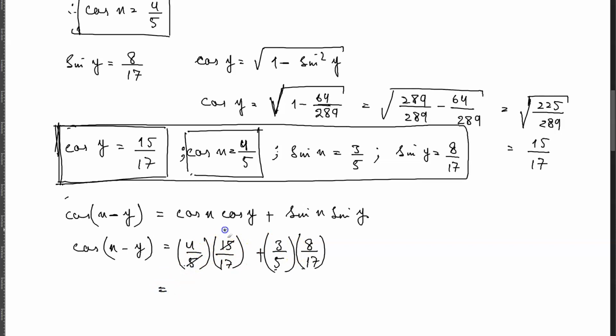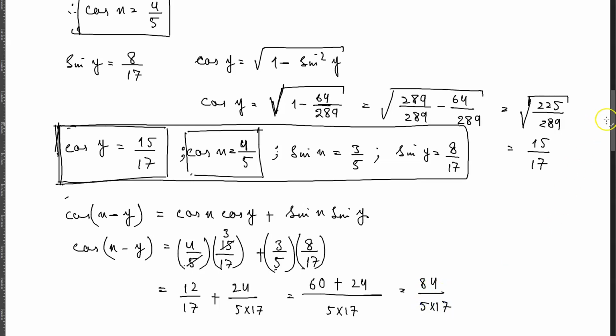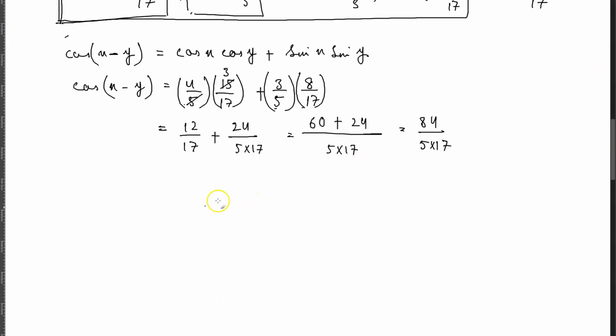You can simplify this. 3 times 4 is equal to 12/17 plus 24 by basically 5 times 17. So I can write this as 5 times 17, and that's 5 times 60 plus 24, which is equal to 84 by 5 times 17, which is 50 and 35, that's 105.